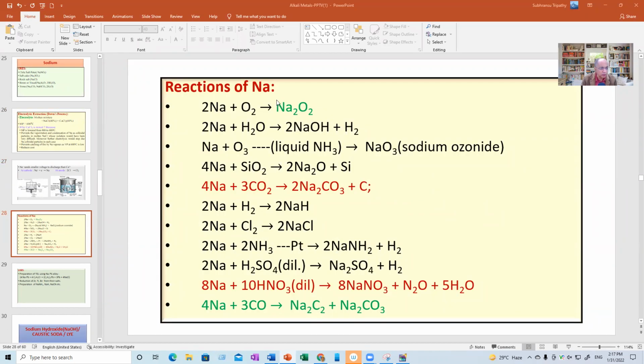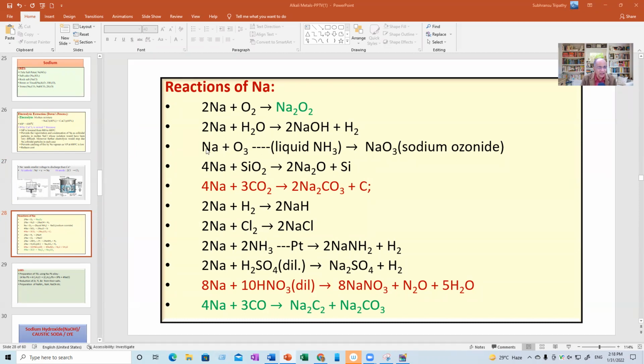Now, coming to some of the properties of sodium, which we all know from these general trends, this is just a revision exercise. Sodium predominantly forms sodium peroxide; although the minor product is oxide, the major product is peroxide. Of course, it displaces hydrogen from cold water.